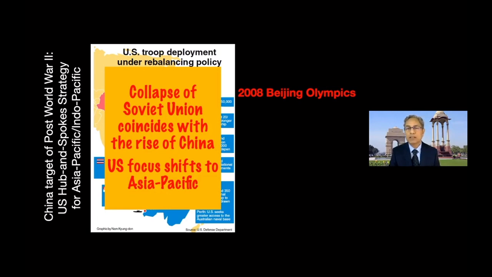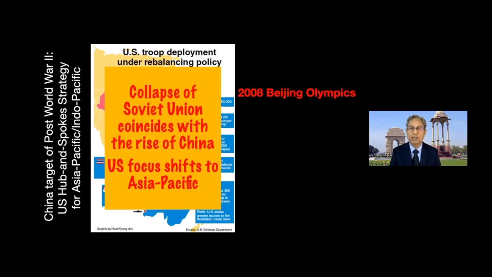Beijing Olympic in 2008 is an important inflection point in history when China shifted from the old style of Deng Xiaoping, the second leader, who advised China's leaders to what he called hide your strengths and bide your time and do not seek global leadership. Now Chinese are saying that time is over.